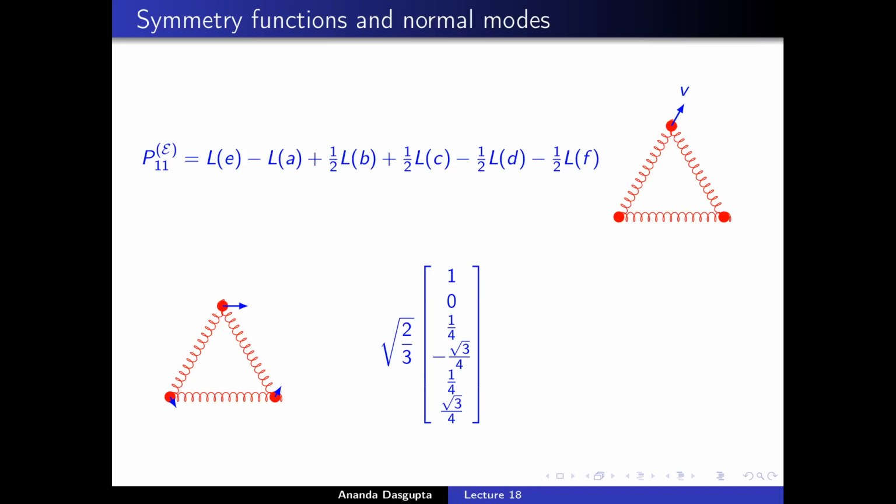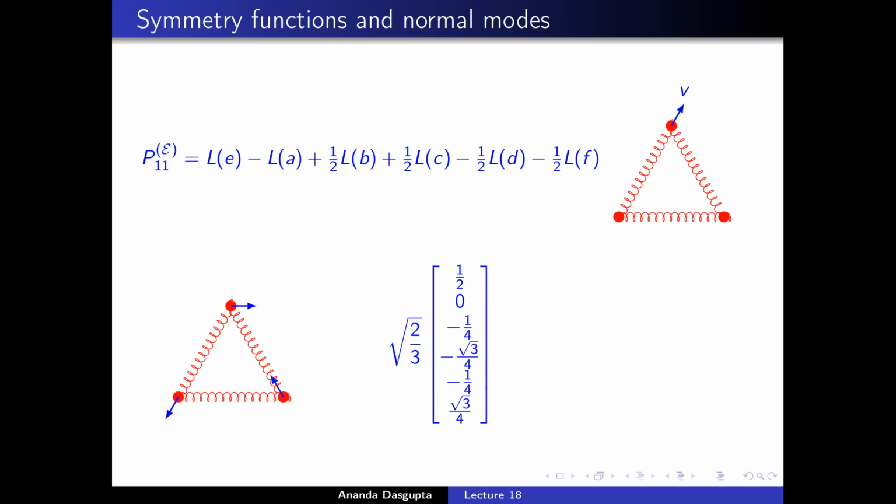This may look like a different vector from the one that we had obtained before, but let me remind you that this is once again a sum of the vibrational mode and the translational mode, and if you take away the translational mode, which in this case would involve a vector of half unit length along the horizontal direction, you are going to end up with a vector which looks like this.